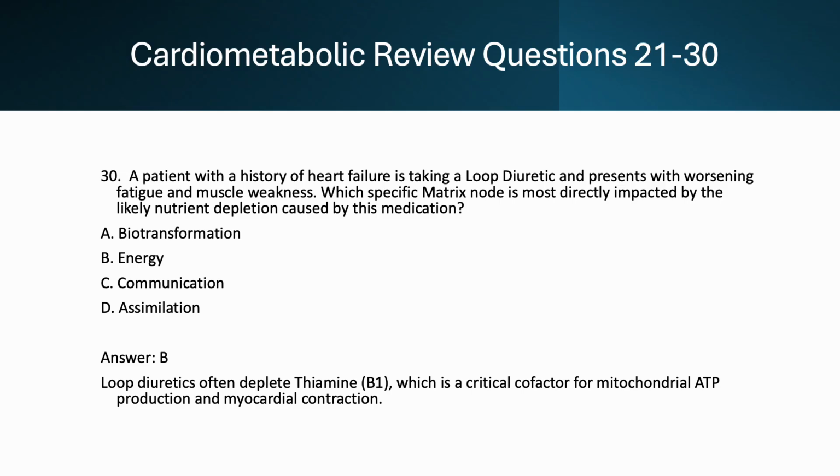C is incorrect because communication node refers to hormones and signaling molecules and neurotransmitters. D is incorrect because assimilation refers to digestion and nutrient absorption, not cellular energy metabolism. So overall, the correct answer is B, energy.